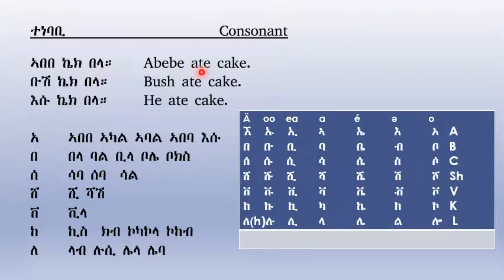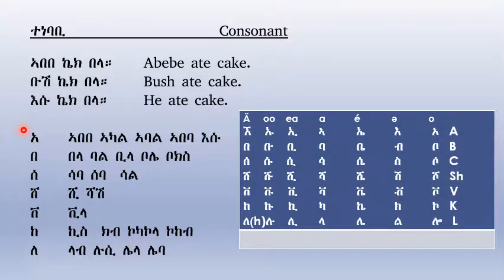Bella is ate. We put it last. The verb is last. Isu cake bella. Isu means he. Isu cake bella. He ate cake.